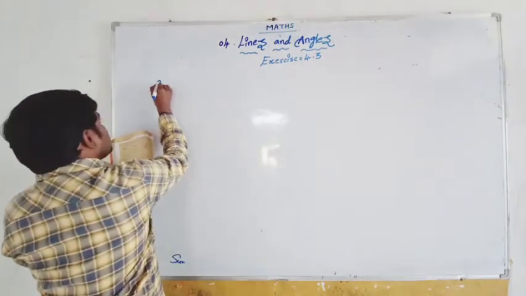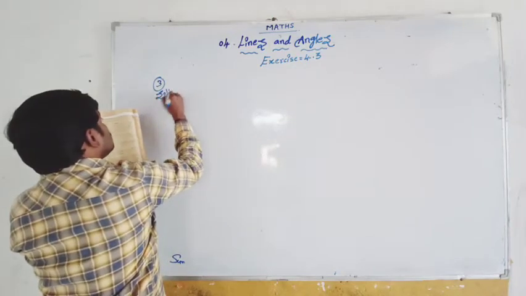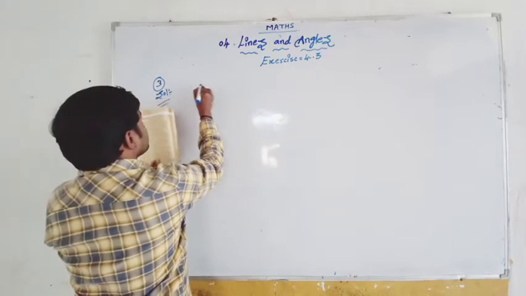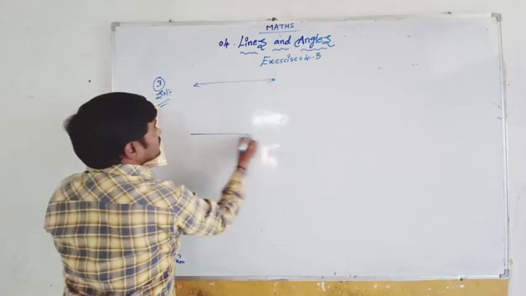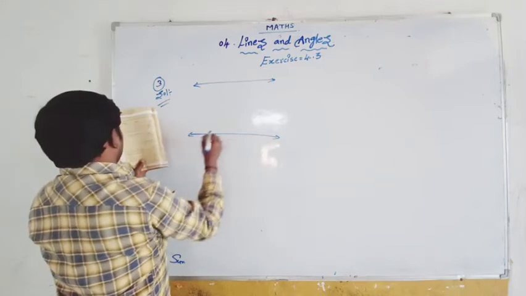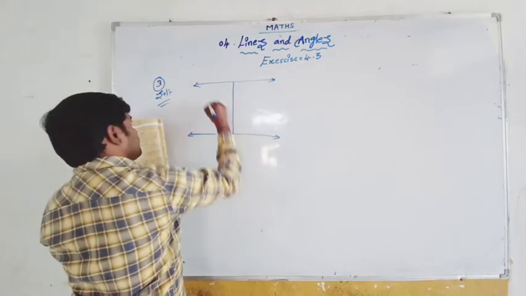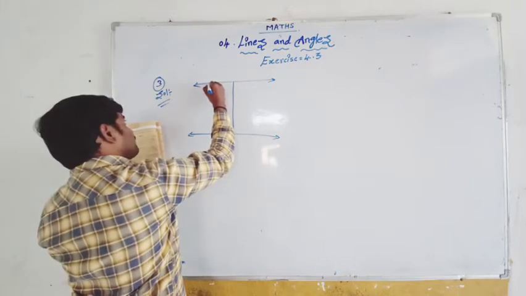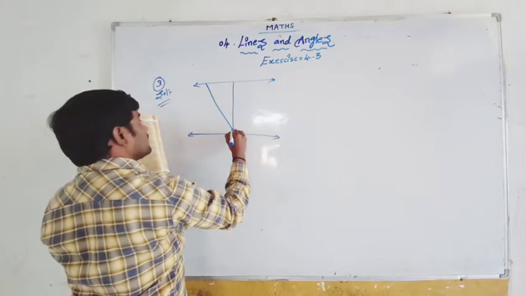Here is question number 3. Before solving, we have to understand the question and go through the diagram clearly. What is the diagram actually? Here I'll draw the diagram. We have to understand everything in the diagram, then only can we do it clearly.